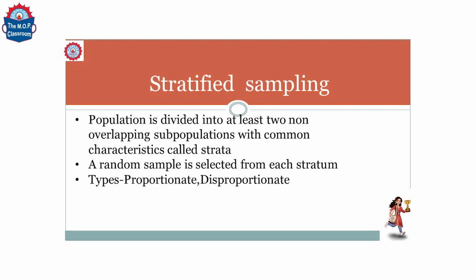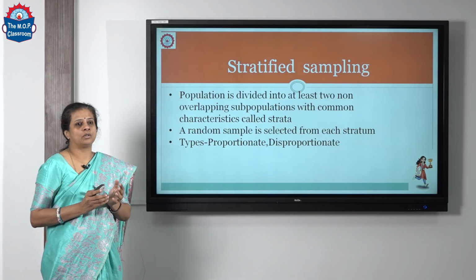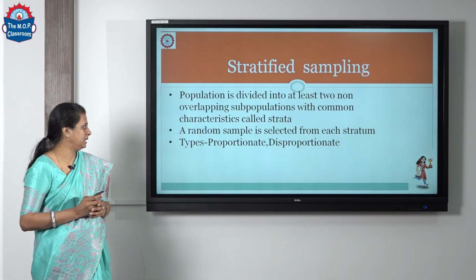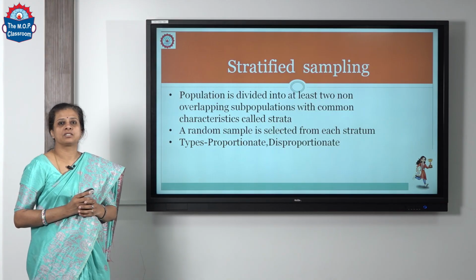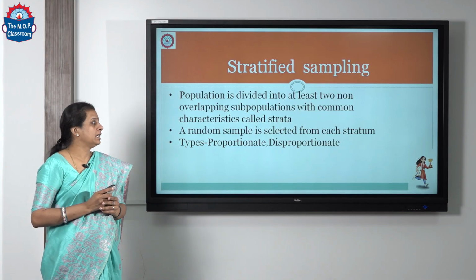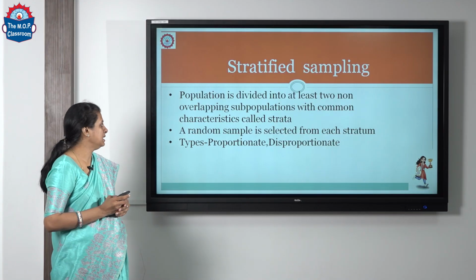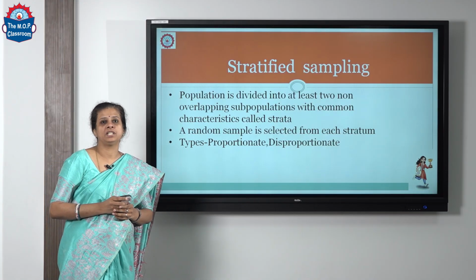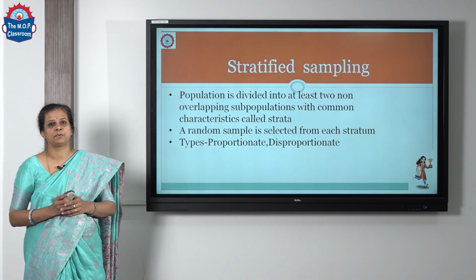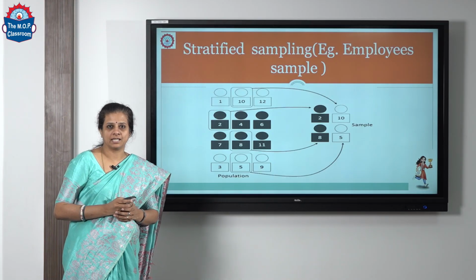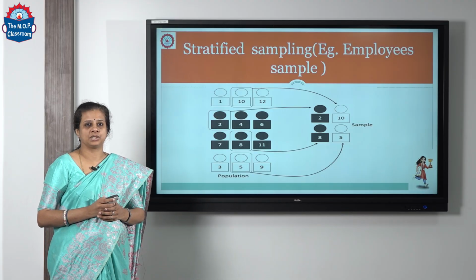In stratified sampling, the population is divided into two or more non-overlapping subpopulations, and each one is called a stratum. Now, a random sample is selected from each stratum using proportionate sampling or disproportionate sampling. I would like to give you an example here, with employees of an organization as the sample.